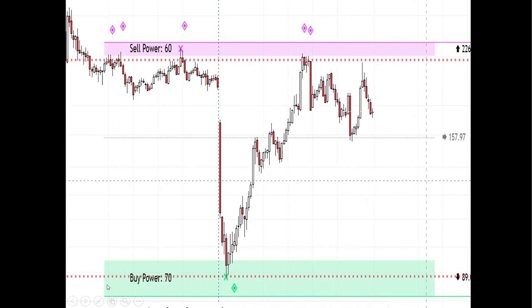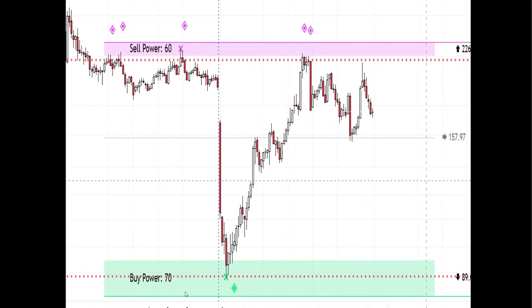And when Nifty came down to 24,494, at that time this call option was around 89 rupees. You can see over here, it is plotting the level 89, the midpoint, and also the sell power.